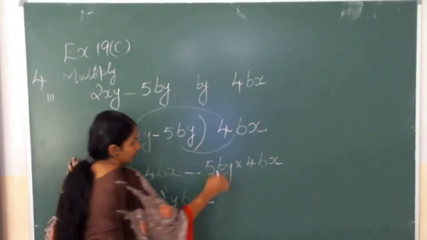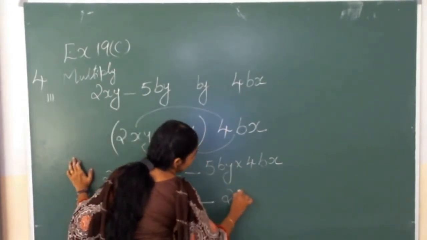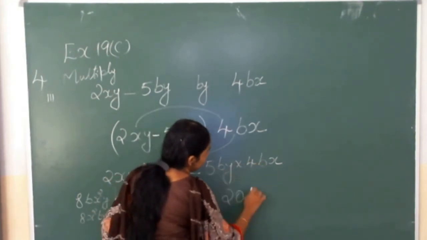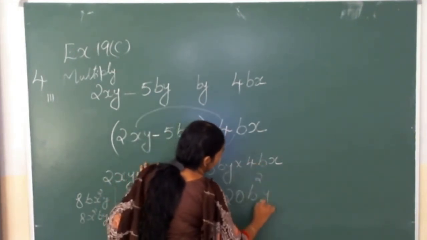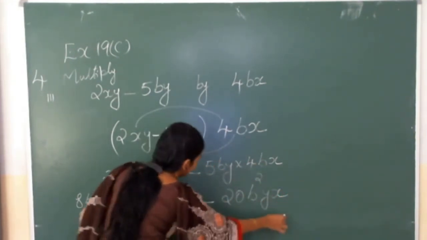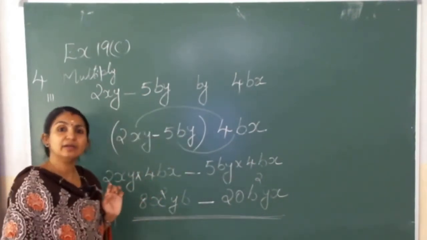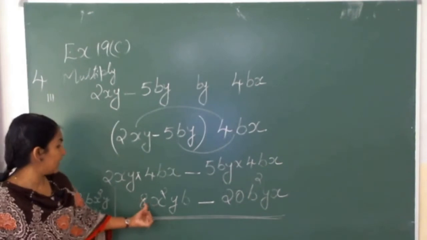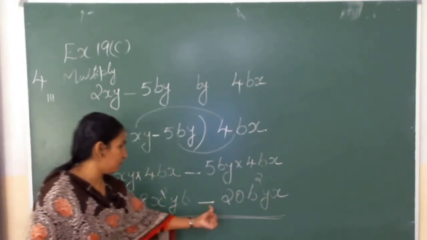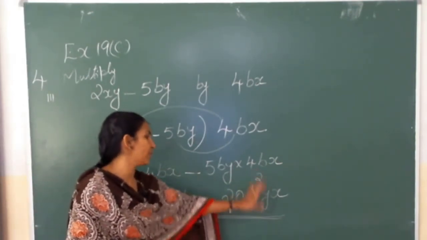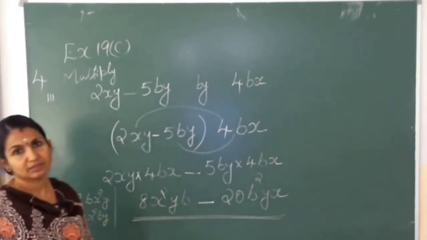So negative itself. 5 4s are 20. B square y x or xy. So this is our required answer. Answer is 8x square yb minus 20b square yx.